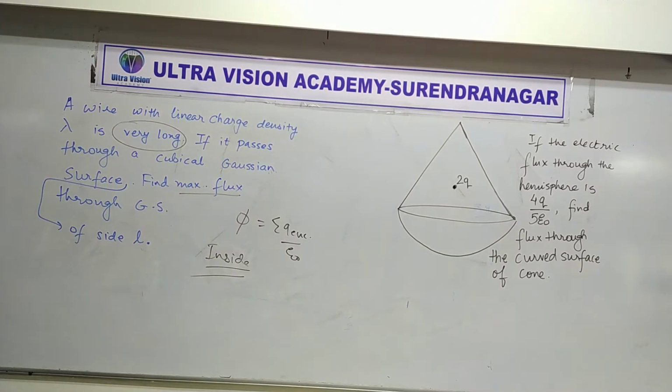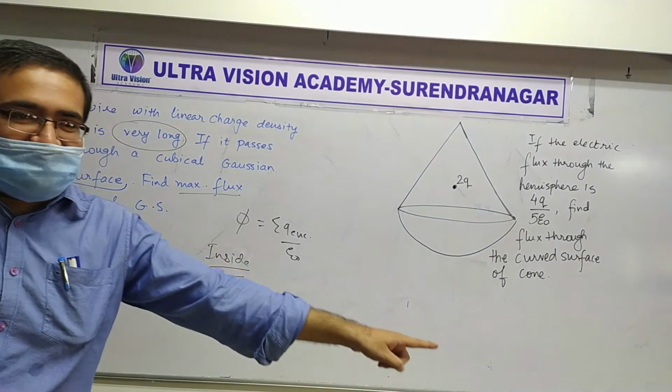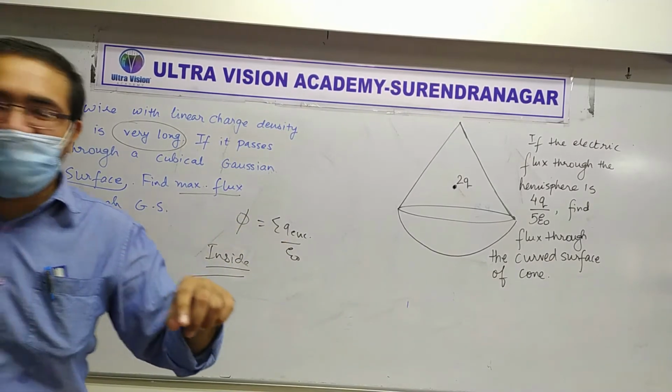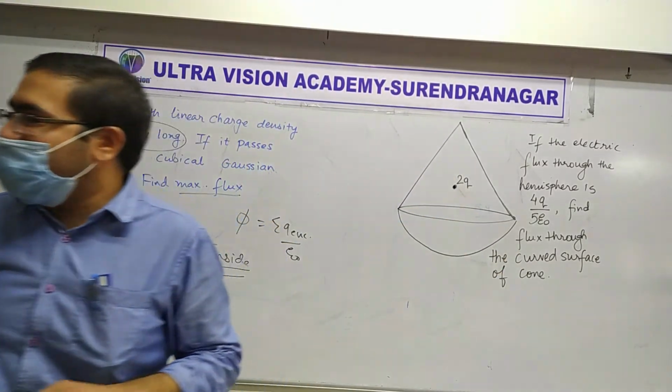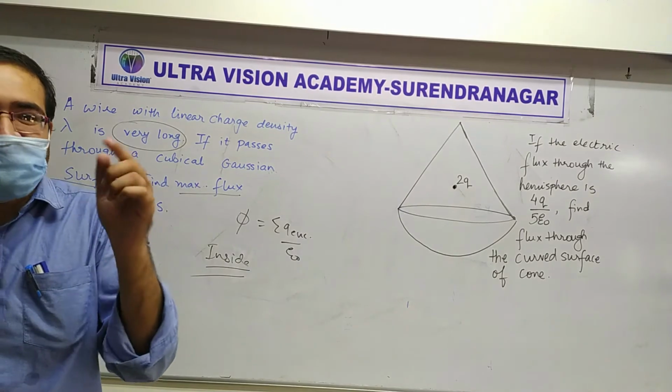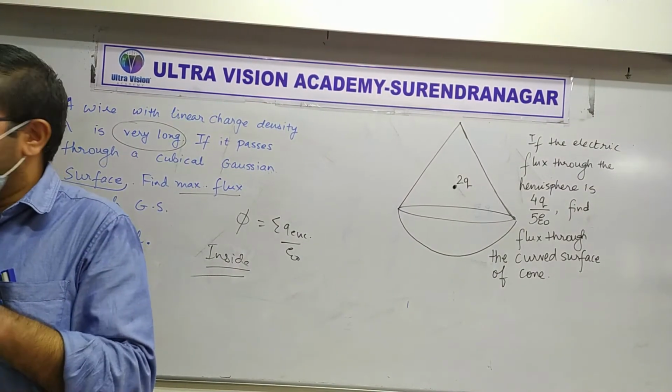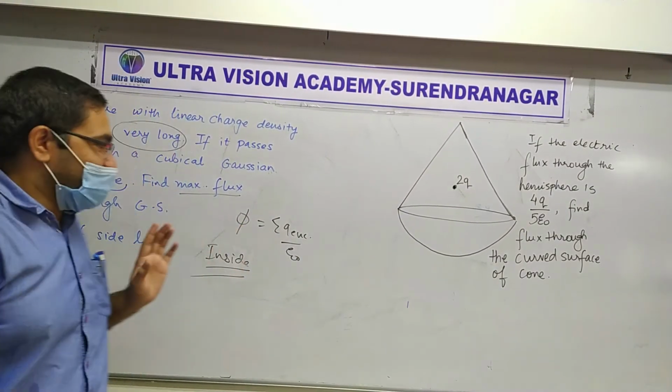Because flux depends on charge enclosed. So taking it that way, you'd get the maximum length inside, and that would mean the maximum charge inside. How much would that be? Root 3 L, for a cube.